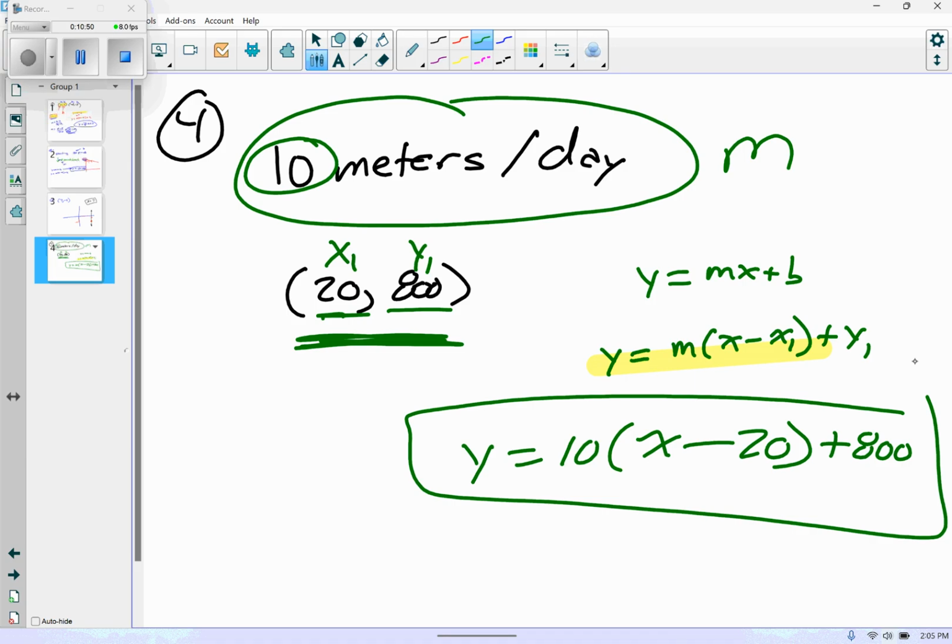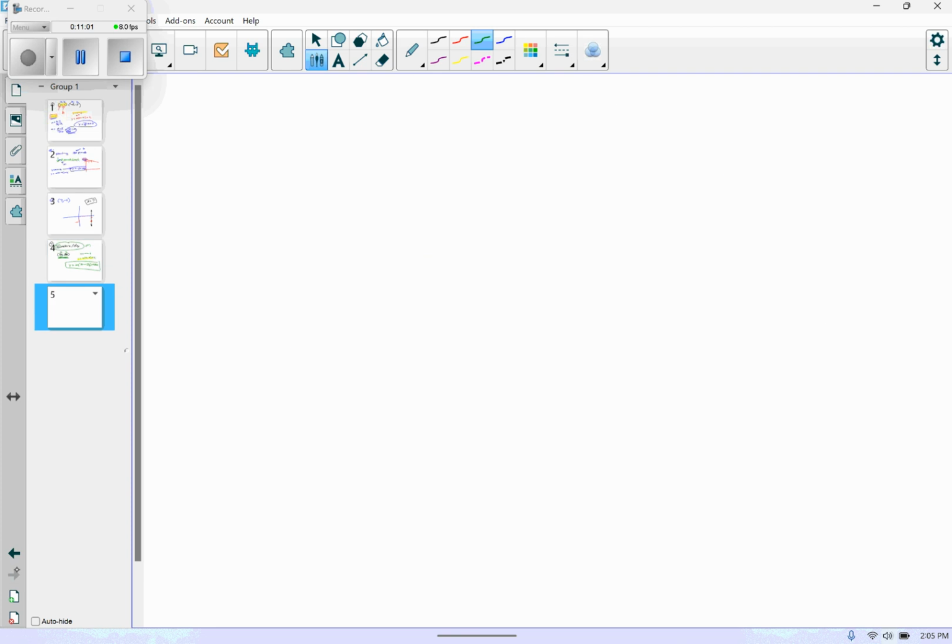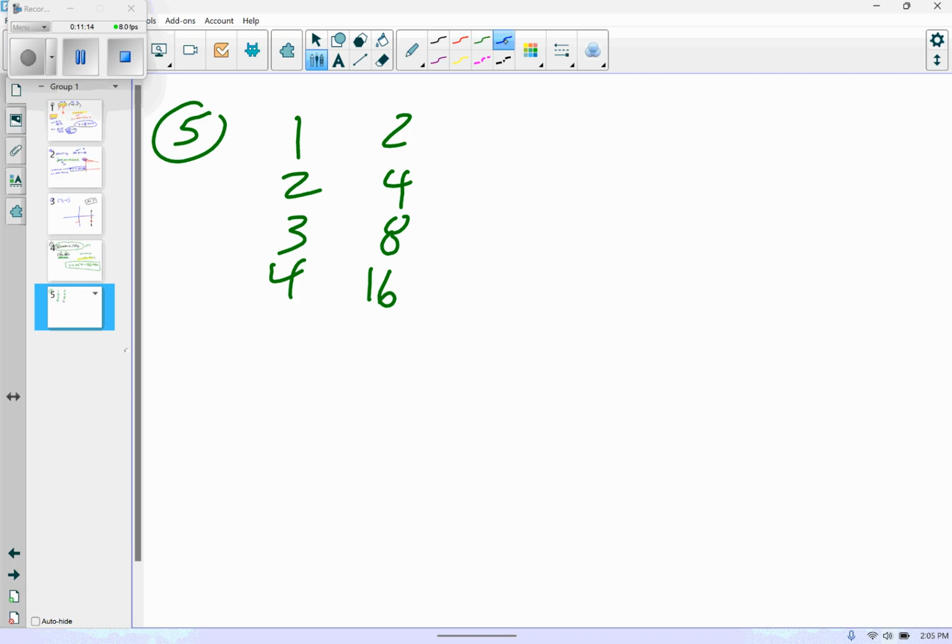The table shows the number of rectangles created every time there is a fold made through the center of the paper. Okay, wait a minute. This looks like the stuff we had worked on. Hang on. Let me take a look at this. So we got 1, 2, 3, 4, and we have 2, 4, 8, 16. Ooh.